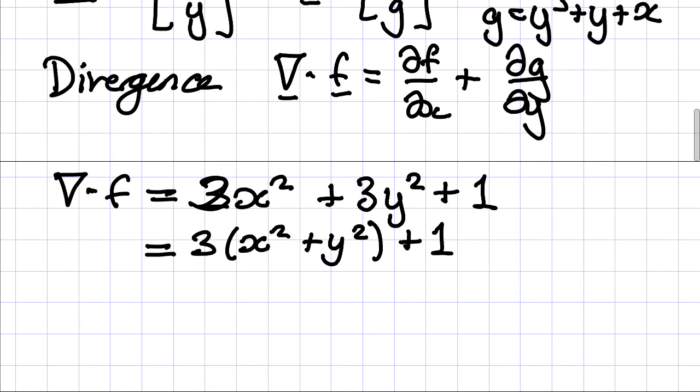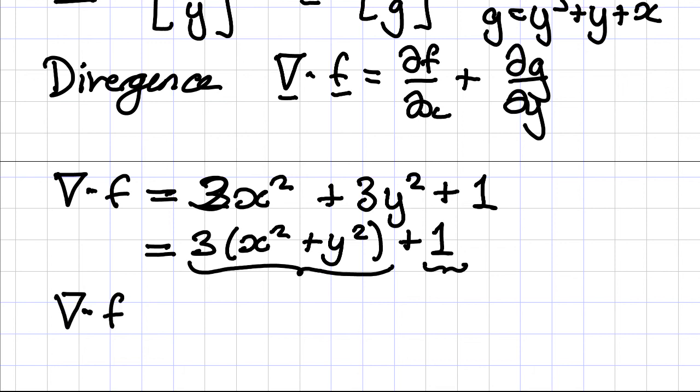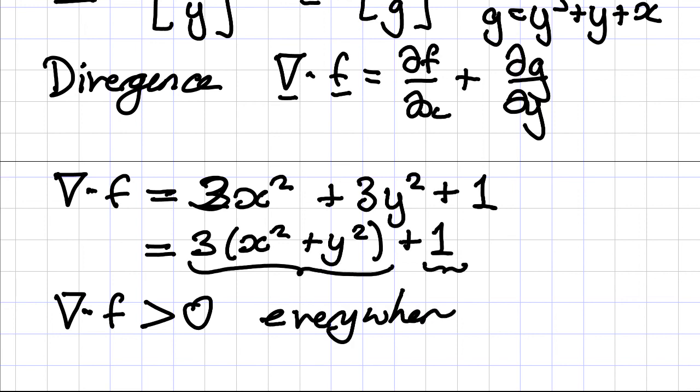So the first term, this is positive everywhere except the origin where it's 0. And this term makes it positive everywhere. So div f is greater than 0 everywhere in R2.